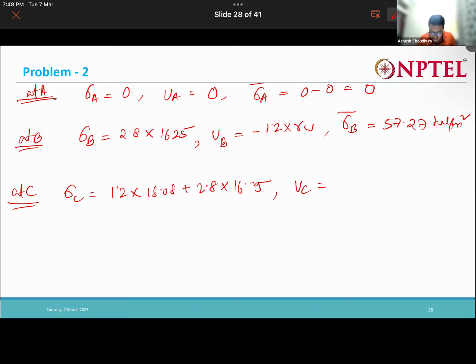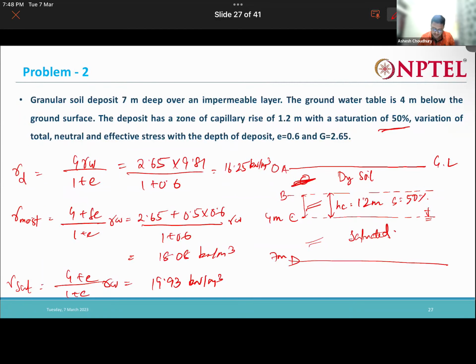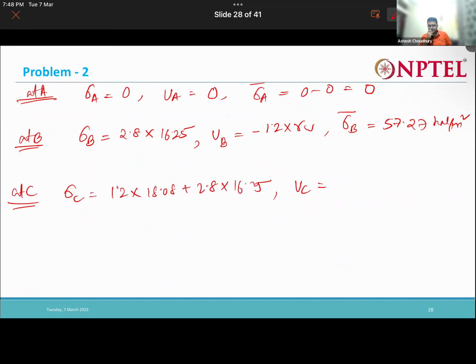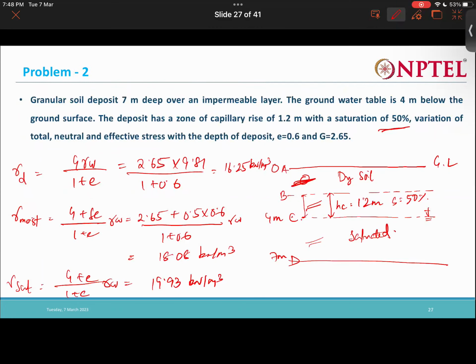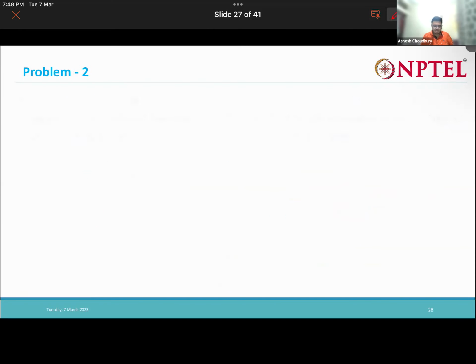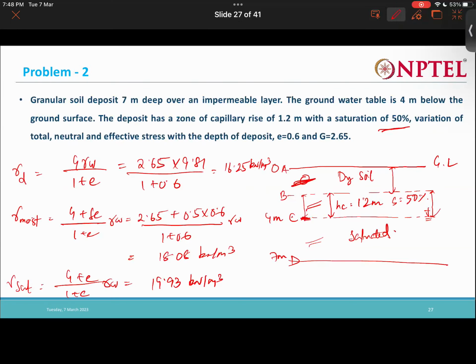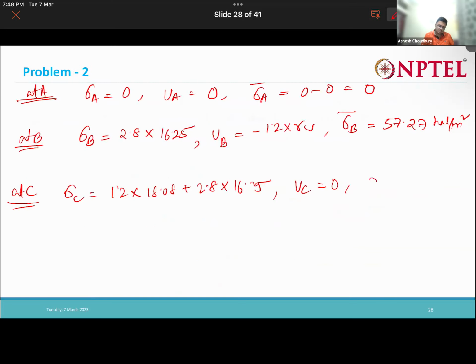Total pressure will be the dry unit weight into 2.8 plus the moist unit weight into 1.2. What will be the pore water pressure at C? 0, right? So my effective stress will be equal to this total stress.